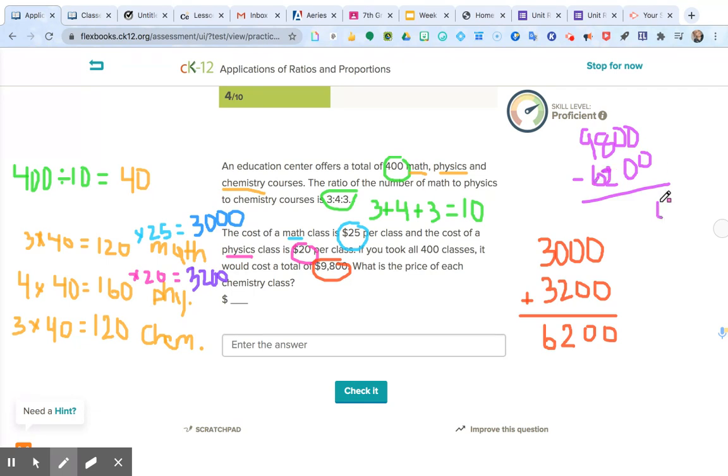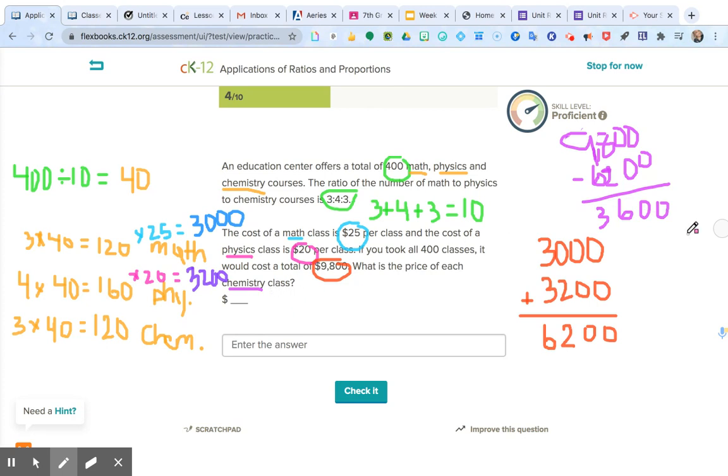And I'm going to get, I have to borrow, oh wait, 8 take away 2, I don't have to borrow. Whoops. I don't have to borrow. Ignore that. 8 take away 2 is 6, and then 9 take away 6 is 3. So I know that the chemistry classes cost 3,600.